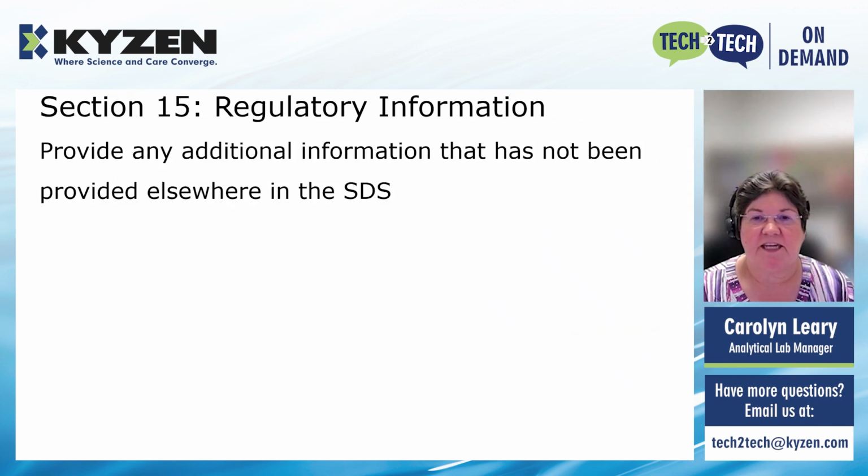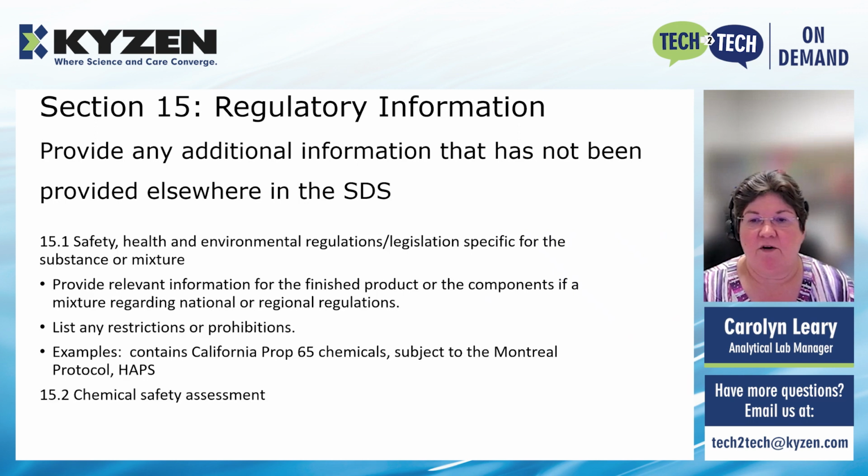Section 15 is regulatory information. This section provides additional information that's not been provided elsewhere in the safety data sheet. In here, you may find safety, health, and environmental regulations or legislation that are specific to your product or the mixture, but were not included in the other sections.